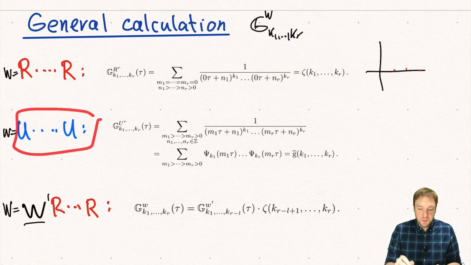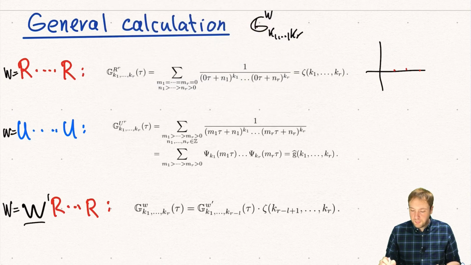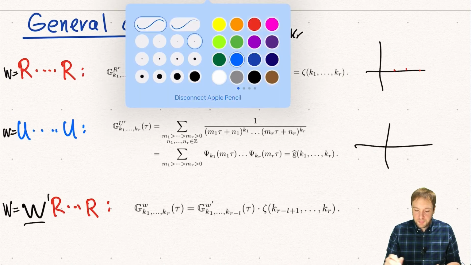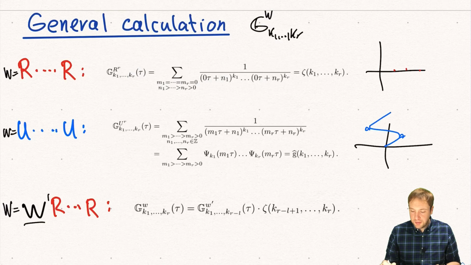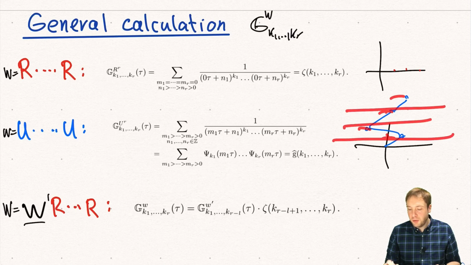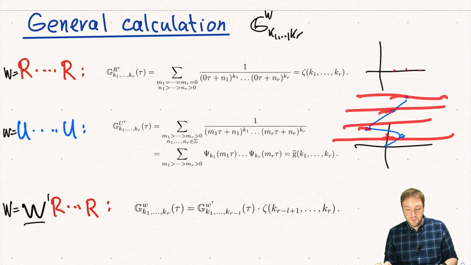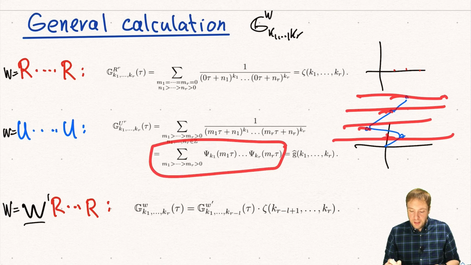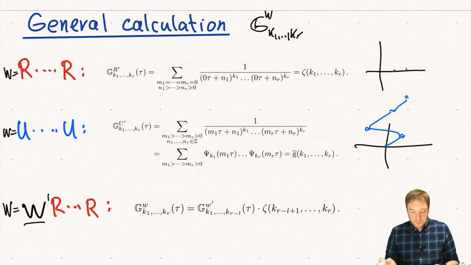If this is u, then this means I have the case like this, where I have different m's here, and for a fixed m, I just take the sum over all n in this direction, which gives monotangent functions here, and then this just gives a g hat.